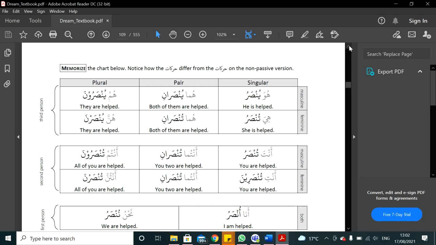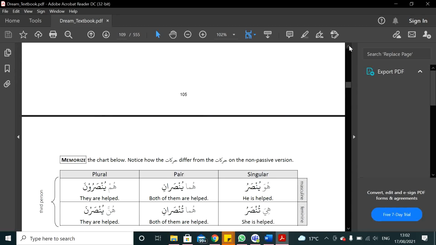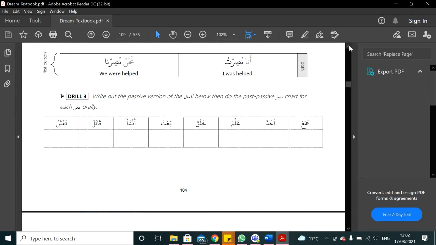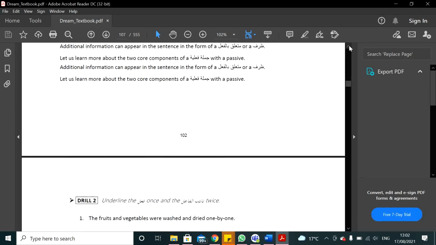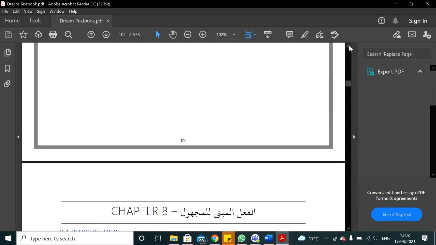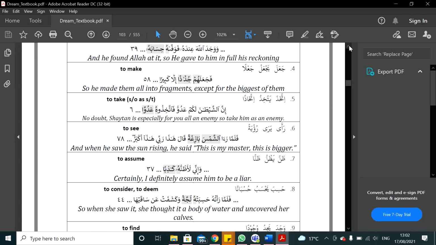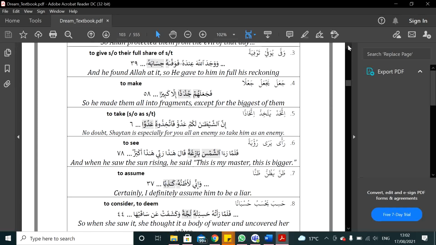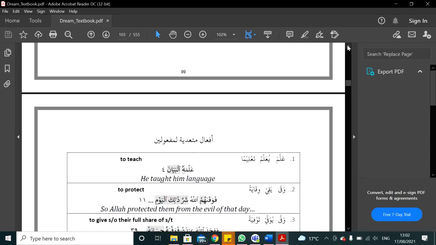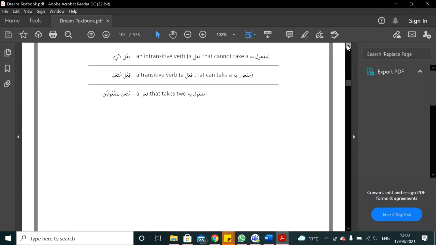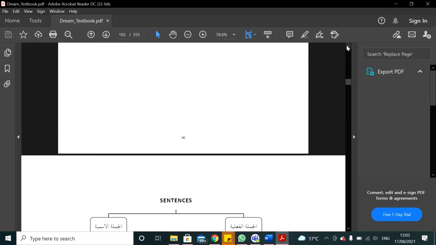So we'll start with the fi'l madi. But before that, I want to explain that in Arabic, when I say fi'l, it does not mean a single word. Fi'l in Arabic grammar contains a full sentence inside it. If I say dakhala, it means he entered, and it is a full sentence.